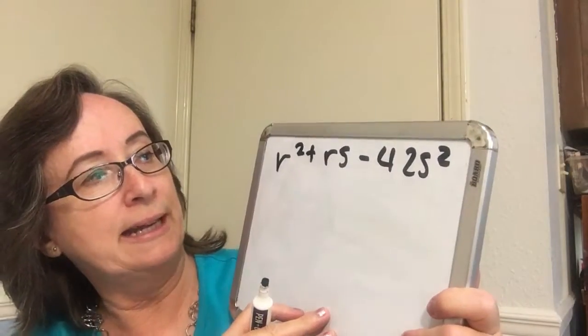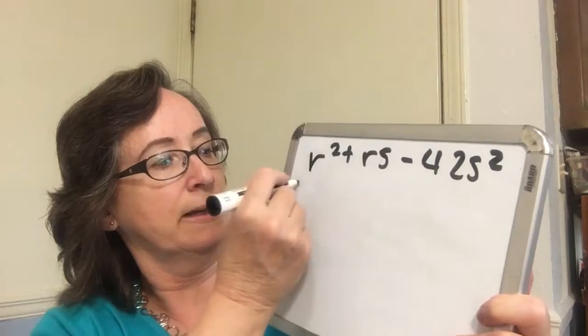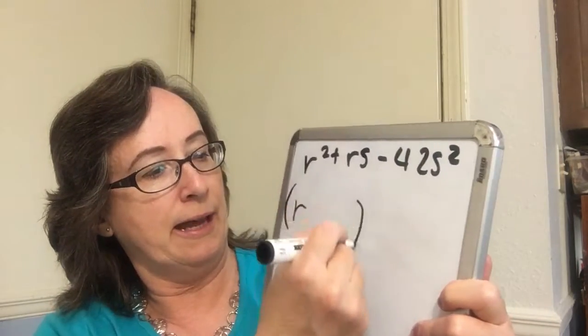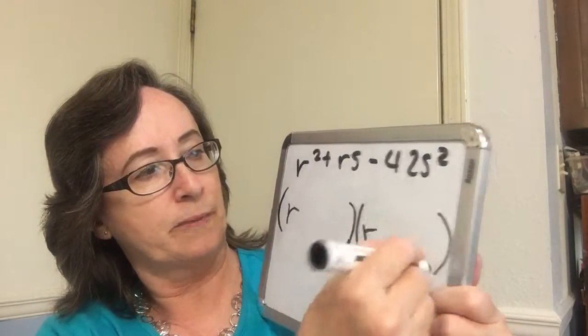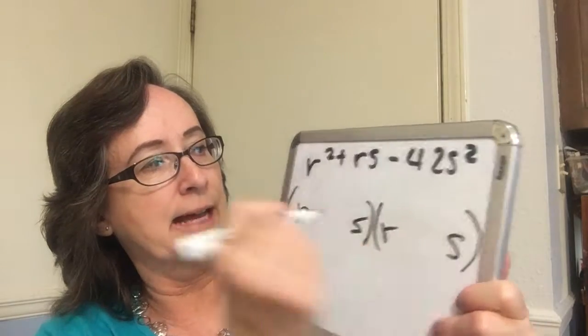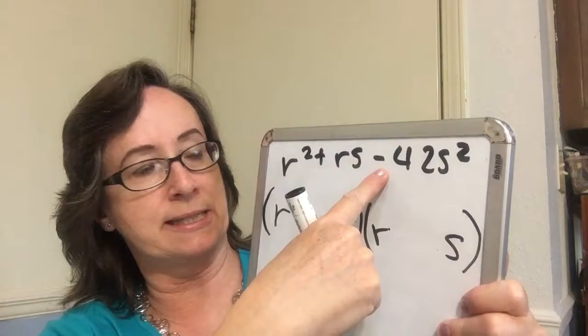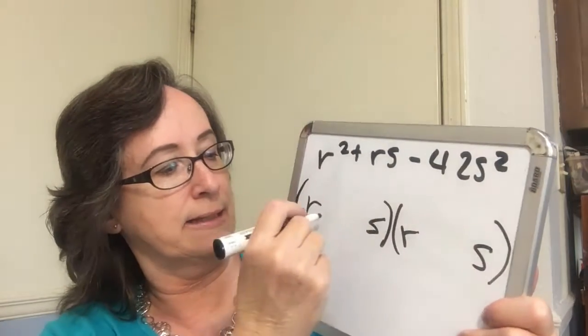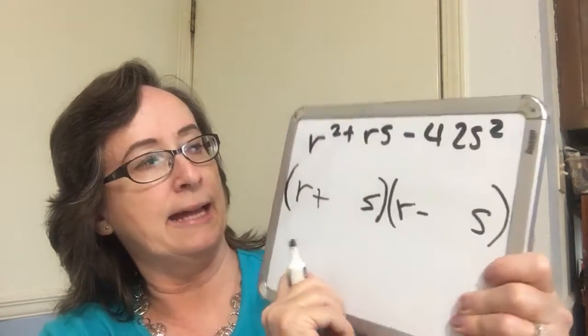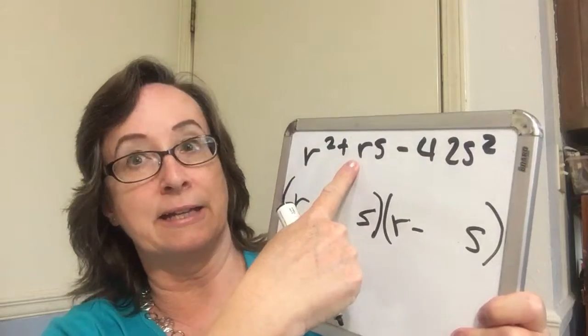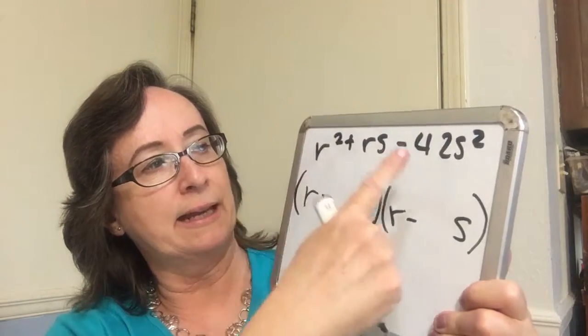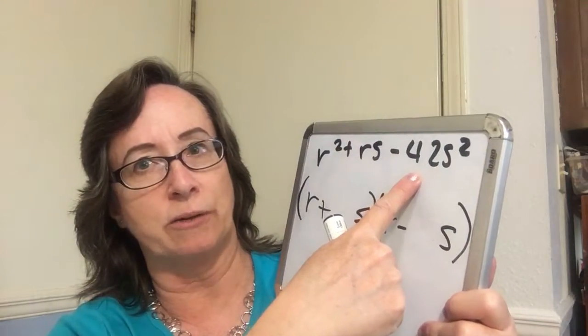Okay, so now again we have two variables. So we're going to put our r and our r, and our s and our s. And I have a difference, so we're going to have opposite signs, and we have a difference of 1 and a product of 42.